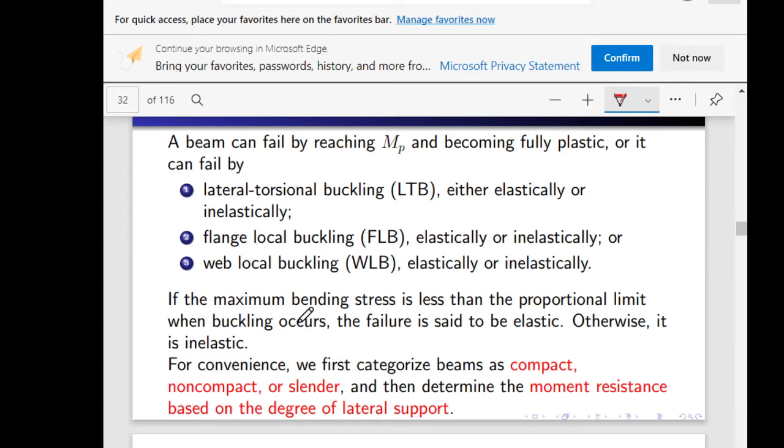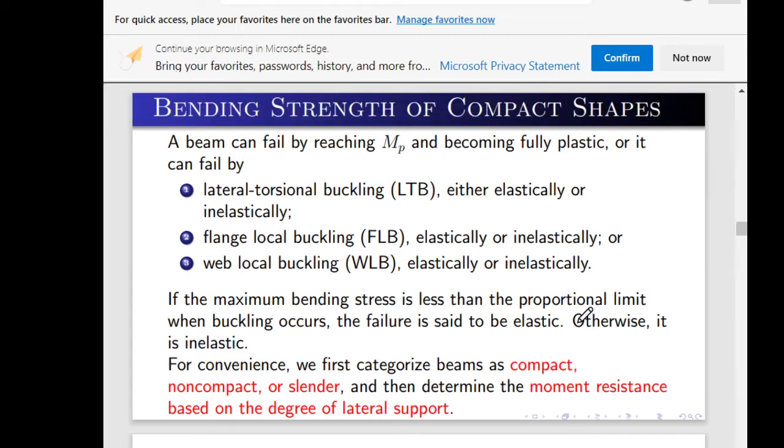If the maximum bending stress is less than the proportional limit when buckling occurs, the failure is said to be elastic, otherwise it is inelastic.